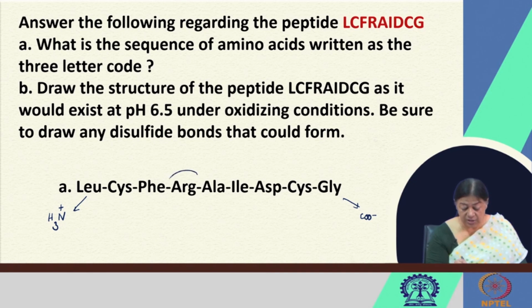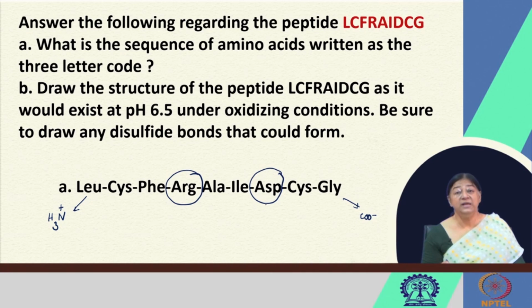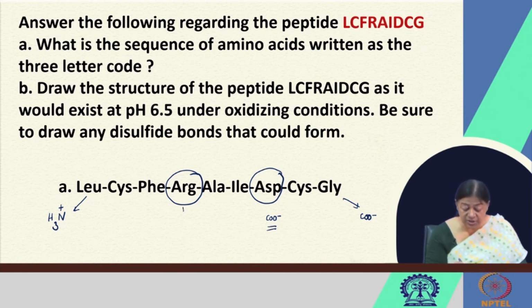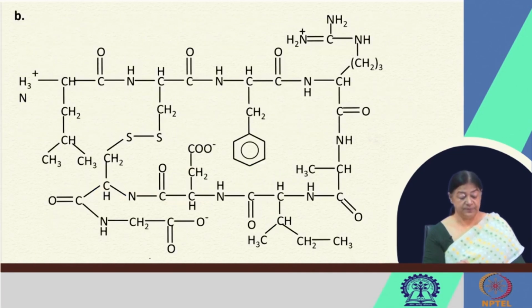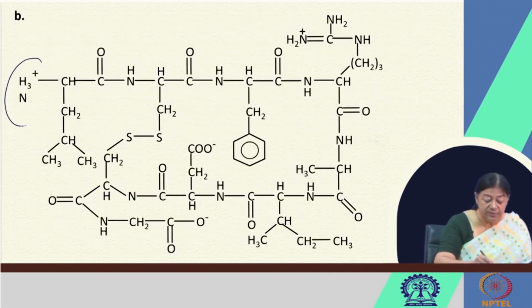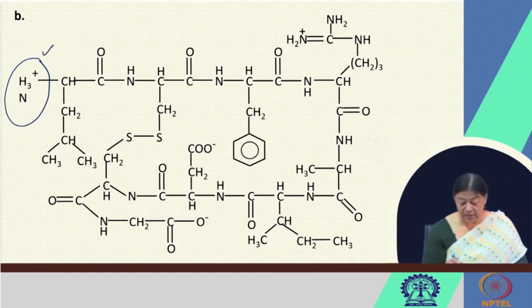We have arginine, we have aspartic acid. Aspartic acid, being an acidic amino acid, will also lose the proton associated with the COOH of its side chain, but arginine will hold on to its plus charge because of the guanidino group. So, let us see what the structure looks like. So, we have the NH3 plus, we have lost the proton for this one.